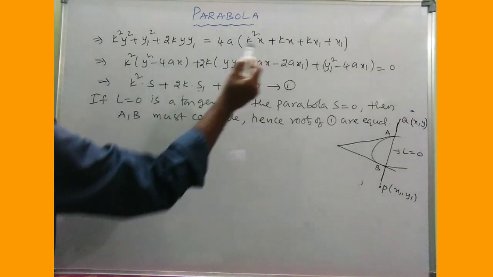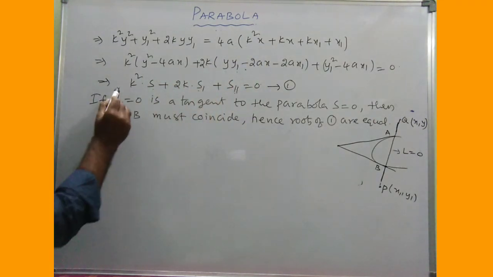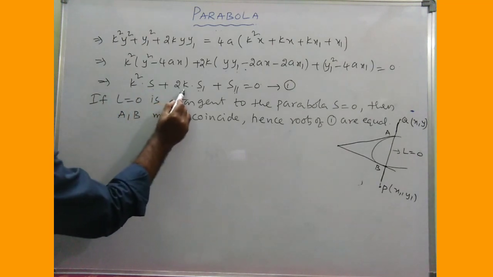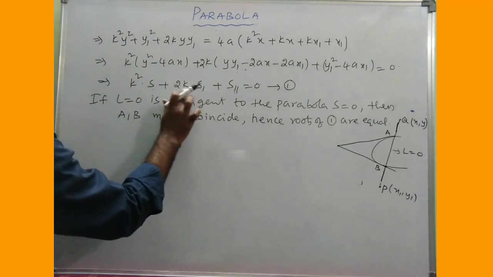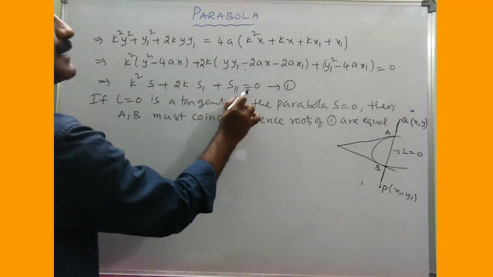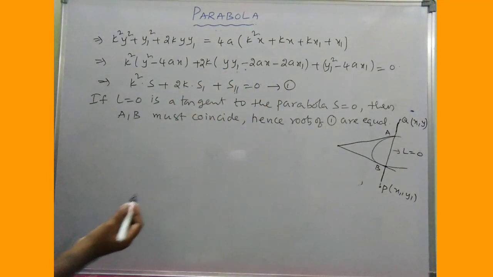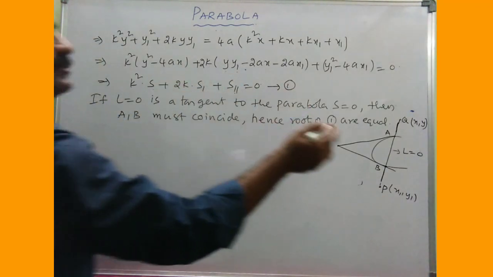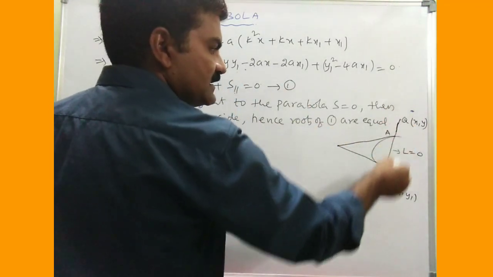Hence the entire equation after simplification is in this format, that is k square into S plus 2k into S1 plus S11 is equal to 0. So consider it as 1. Now, this is nothing but the equation of a line, isn't it?